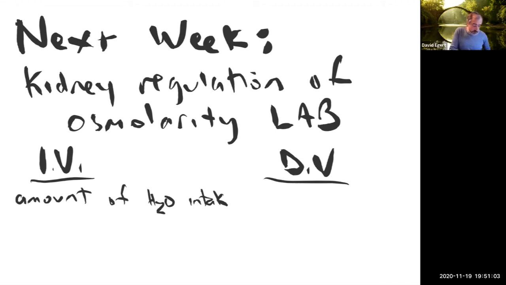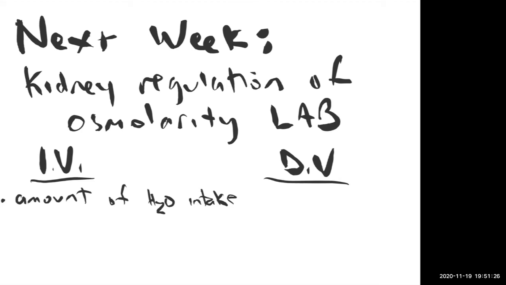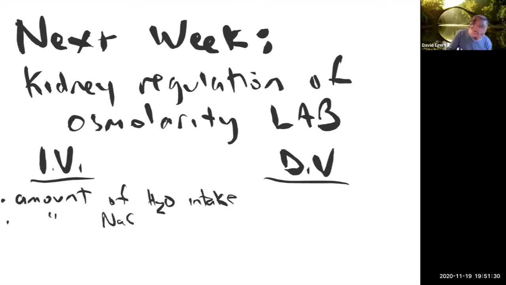That's one thing. We can have some people drink a whole bunch of water, and some people barely drink any water at all. That's going to be one of our independent variables. What's another thing we could vary? Salt intake, or electrolytes.